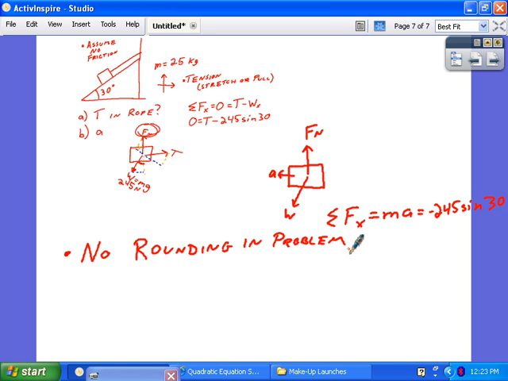So, in other words, if I were to find out that the acceleration of some object was 6.66666 repeating meters per second squared, and then you were to try to determine a force based upon that acceleration, if you were to just take 6.6 or 6.7 as your acceleration, you're going to end up with a significant rounding error in your end result answer.